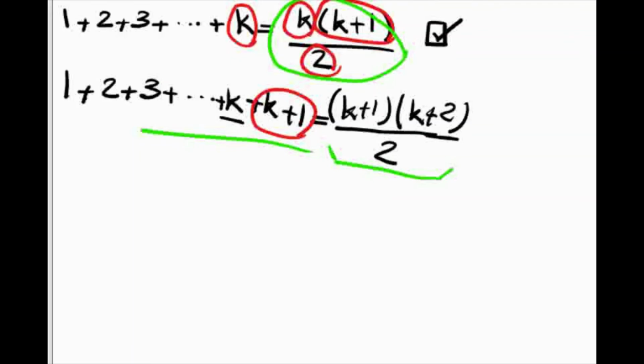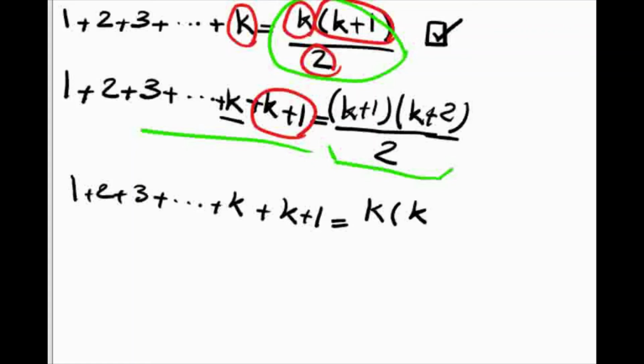Now, how are we going to prove this? We have 1 plus 2 plus 3 plus dot dot dot plus k plus 1. Till here we understand what's happening because we want to prove k plus 1. On the other side, I first write my own equation, which is k multiplied by k plus 1, divided by 2.